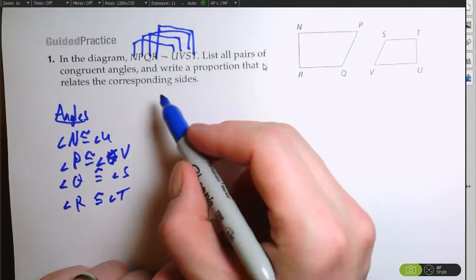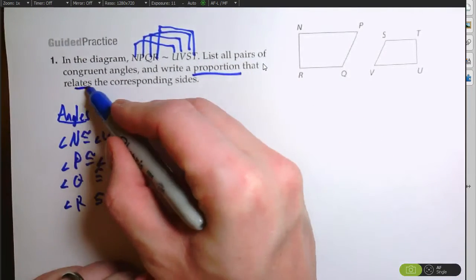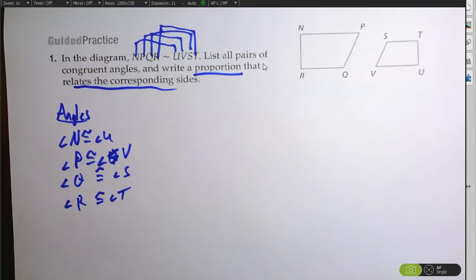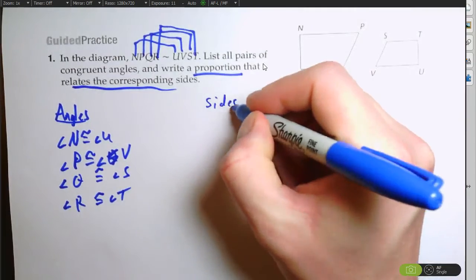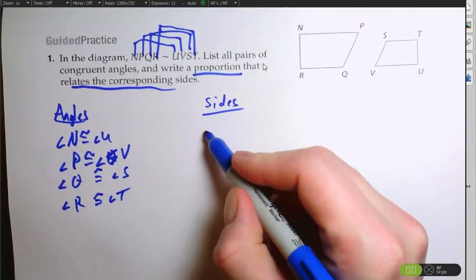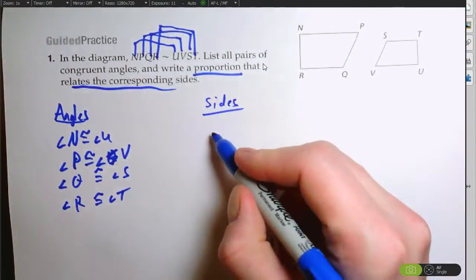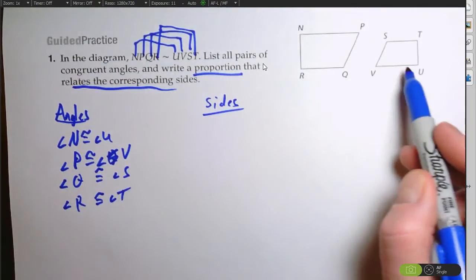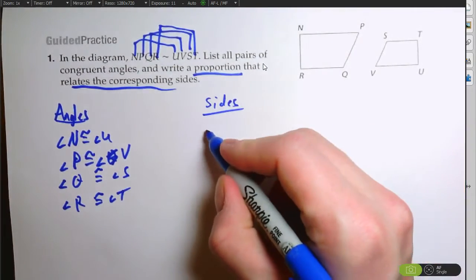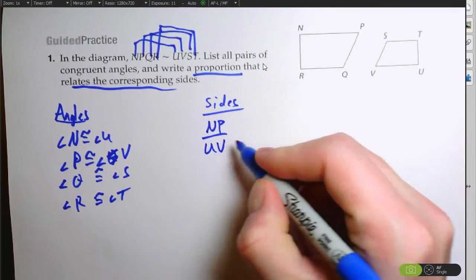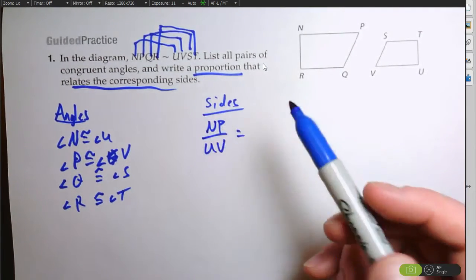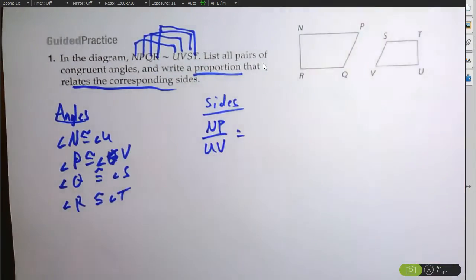Now the statement, write a proportion that relates the corresponding sides, that's sometimes again called the statement of proportionality. Basically, again, use the statement. I'm going to say NP corresponds to UV, which you can see NP, UV, those guys correspond here. So NP over UV. Now once I do that, that means this guy has to be first, this guy has to be second.